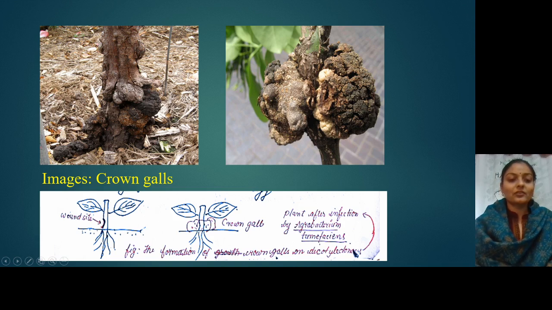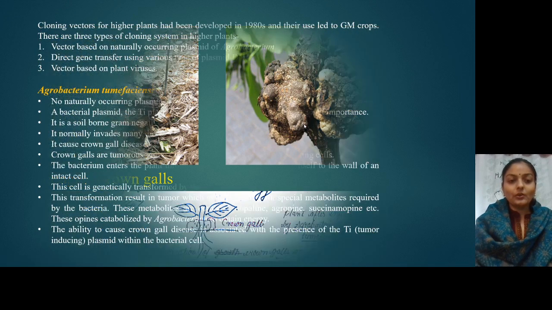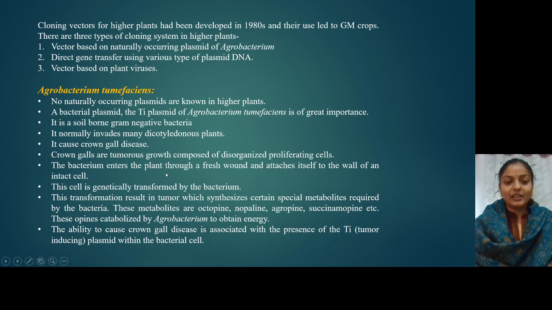What actually happens is that if there is a wound in the plant, the wounded site releases chemicals which act as signals for Agrobacterium tumefaciens. As the Agrobacterium in the soil receives the signal, it invades the plant and causes crown gall, which looks like this. The bacterium enters the plant through a fresh wound and attaches itself to the wall of the intact cell.